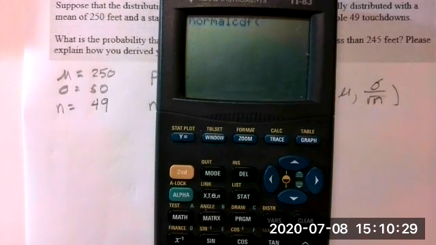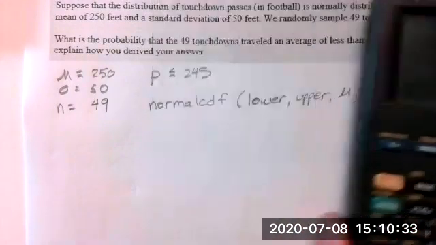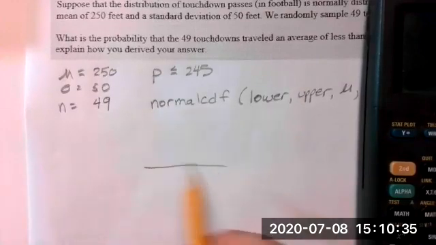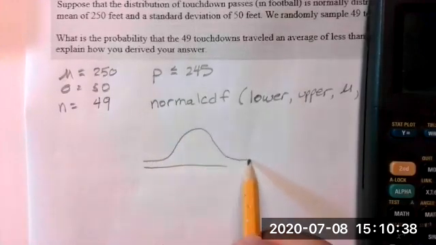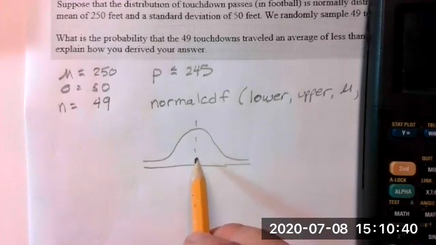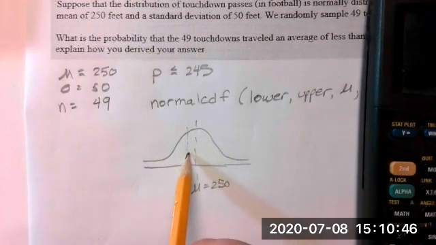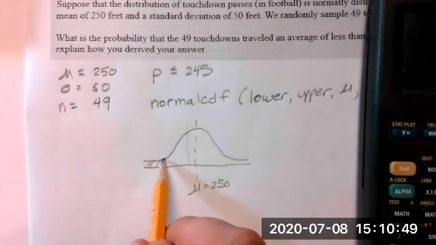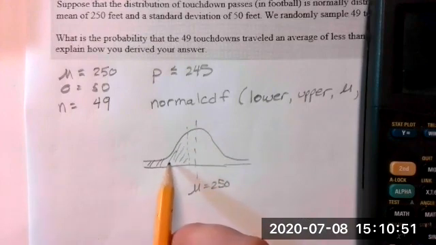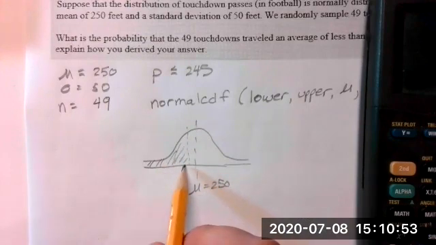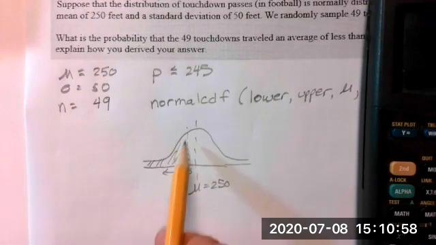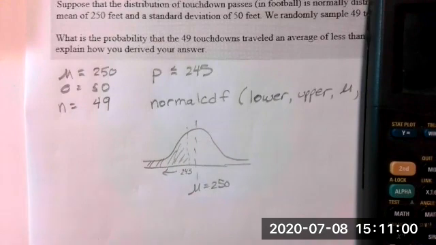I'm looking for an upper limit on this. If I look at my normal distribution here, here's my average, 250. I want to look at the percent of passes, the probability that my passes would be down here at 245, or below. I'm looking for this area underneath that curve.